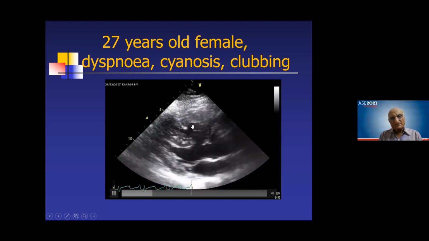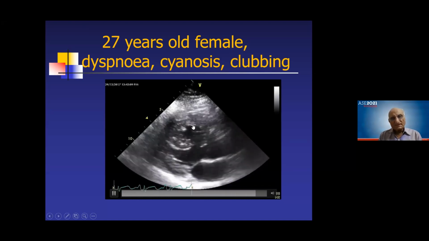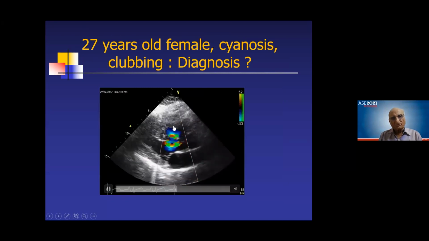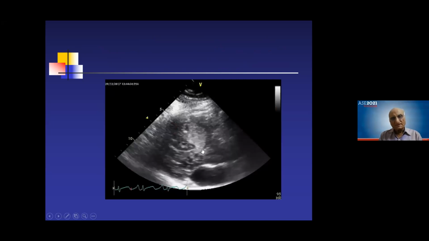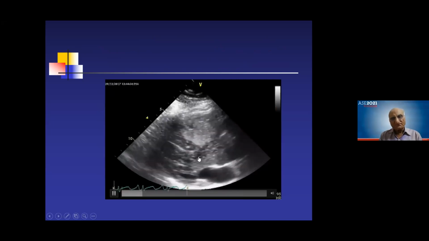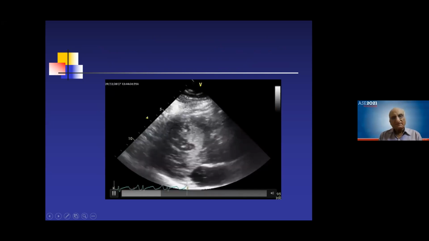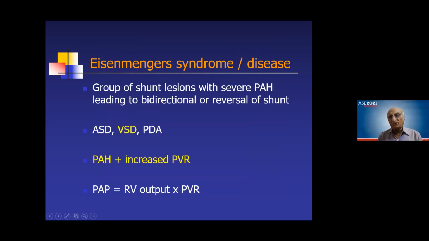So a color flow mapping shows mainly a right to left flow. You see a right to left flow from the VSD, and this you see on color flow mapping, a right to left shunt. So this was a case of what is known as Eisenmenger syndrome or Eisenmenger complex.